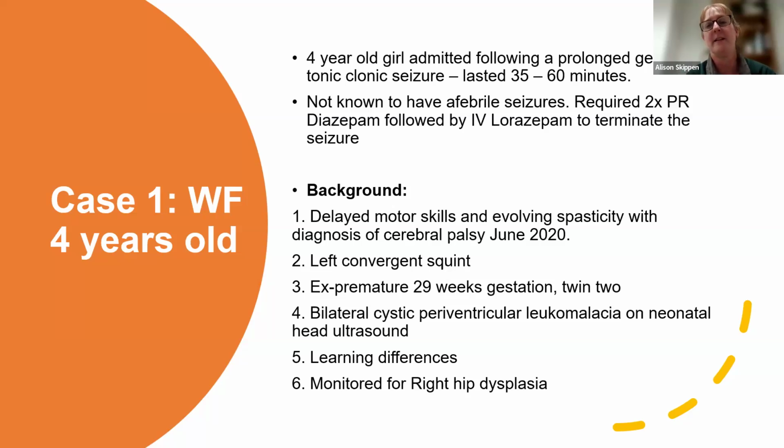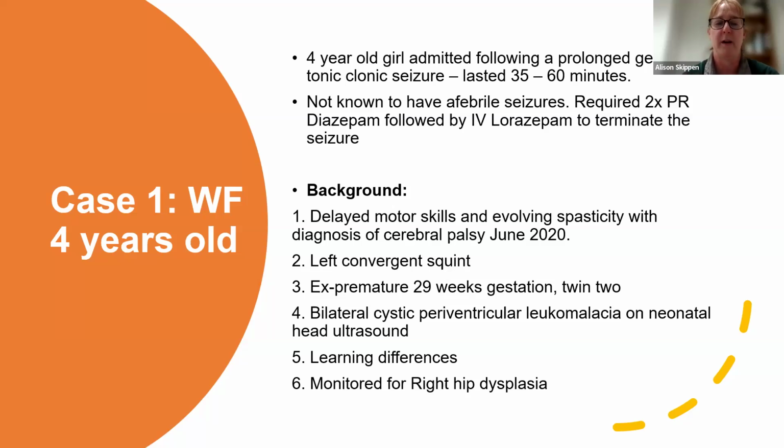Okay, so essentially, a child who's got cerebral palsy and a diagnosis of periventricular leukomalacia on the neonatal head ultrasound means that she was at increased risk of seizures and epilepsy. And therefore, in a child who's had one unprovoked seizure, which is what she's had, quite a prolonged seizure, you can then give the diagnosis of epilepsy.